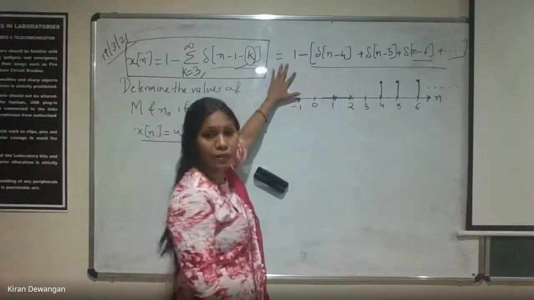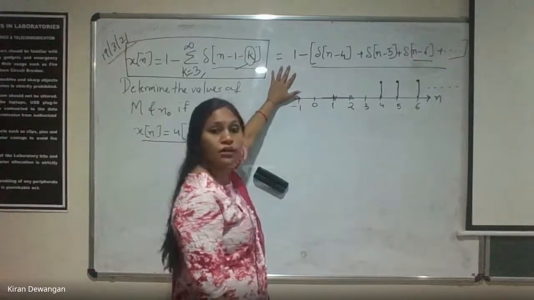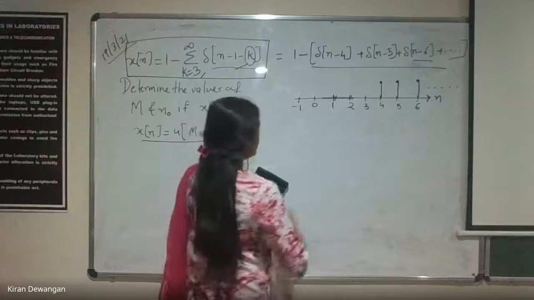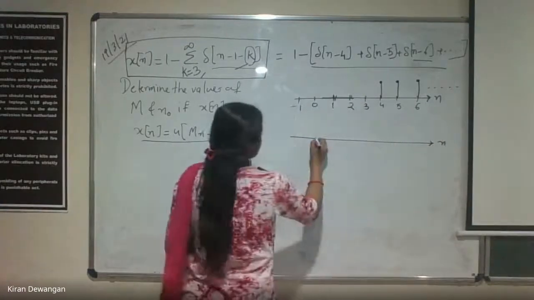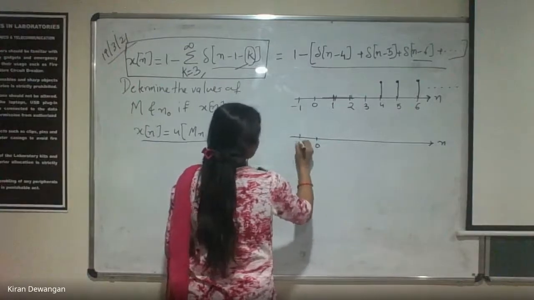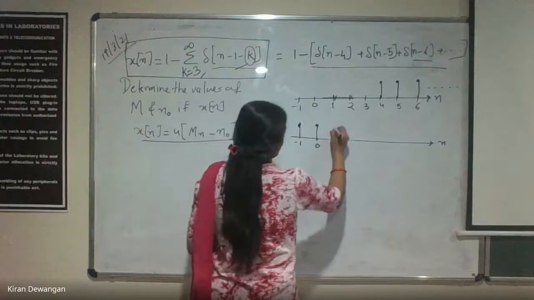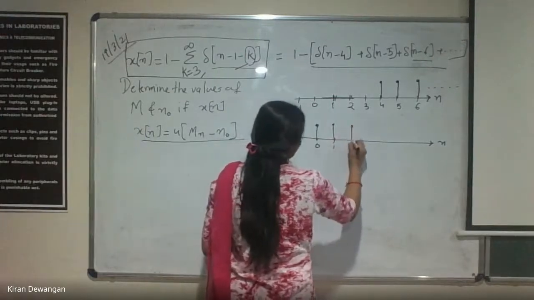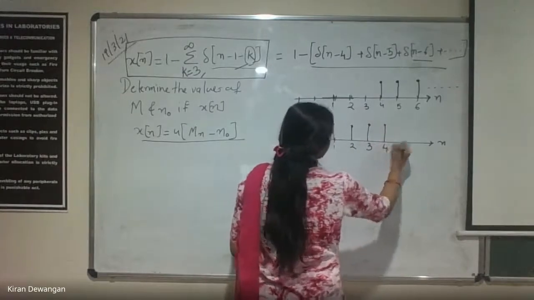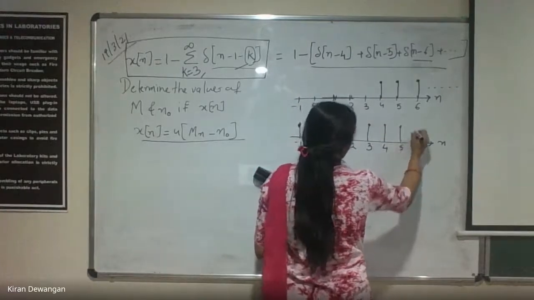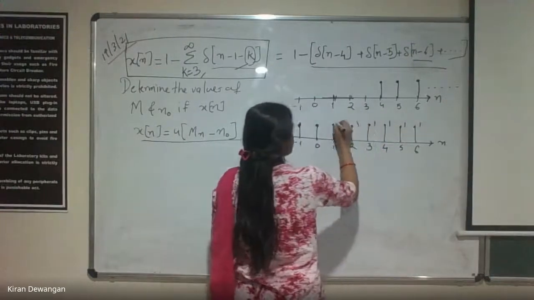We have to subtract it from 1. We have to subtract from 1. How can we subtract from 1? If I have to plot 1, how will I plot it? At minus 1 the value is 1, everywhere the value is 1. These are the values.